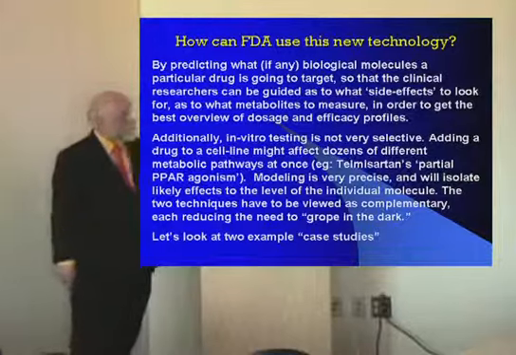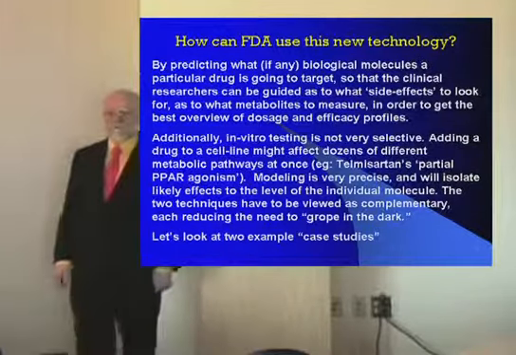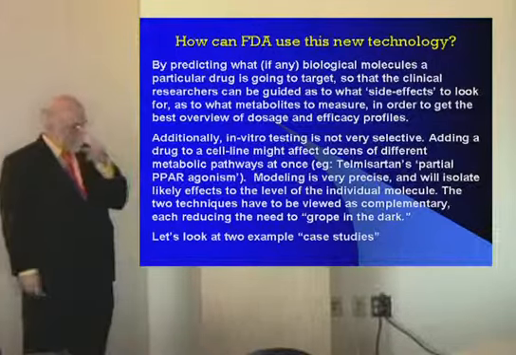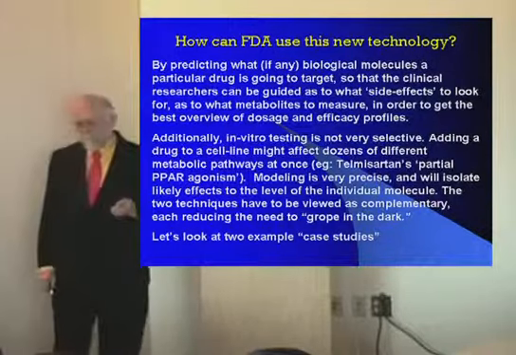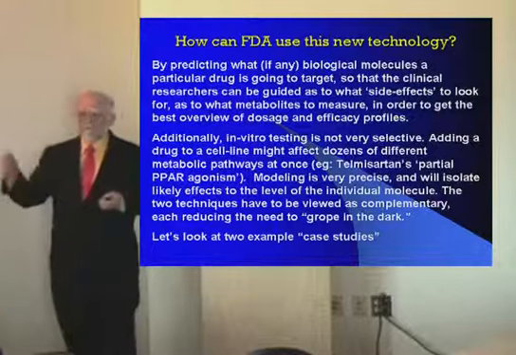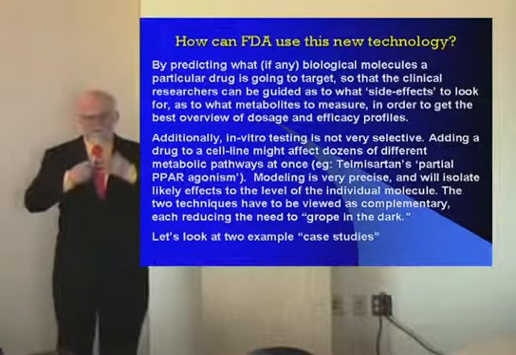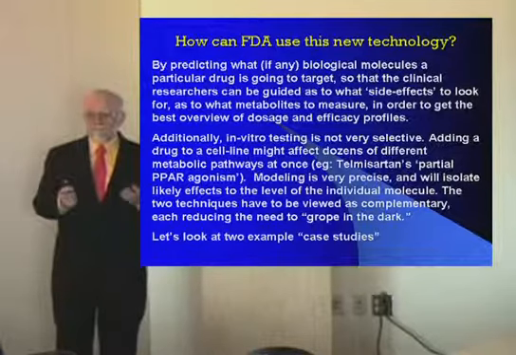Well, this was the question you were asking. What does this mean to the FDA? Well, just as John Arbuthnot said, if you've got some information, use it, and use it to try and understand the bigger picture.